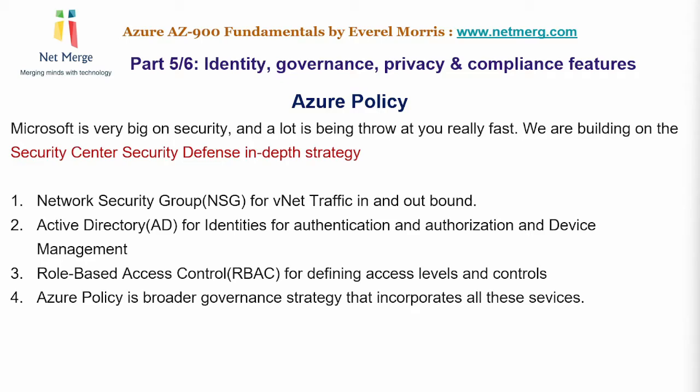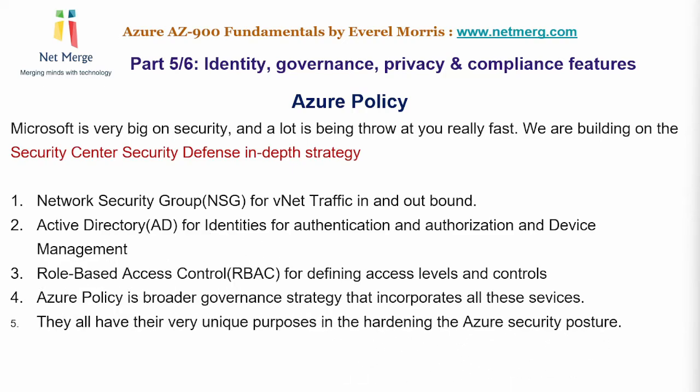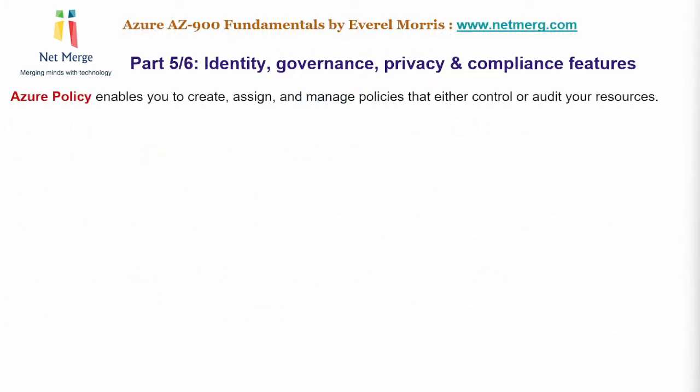So Azure Policy is a broader governance strategy that incorporates all these services and helps to make the entire security posture more hardened, more rigid, and less susceptible to vulnerabilities from hackers and unauthorized users. Okay, so they all have their very unique processes in ordering the broader Azure security posture, is what we want to understand.